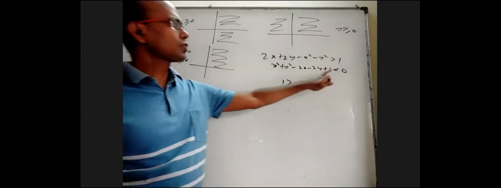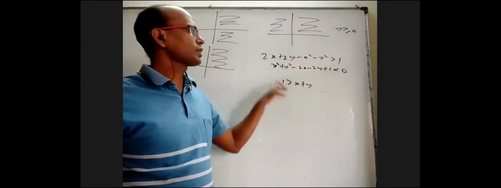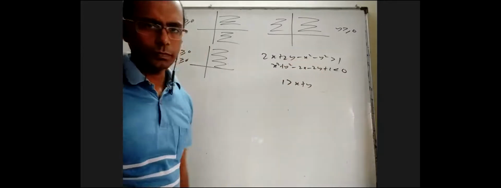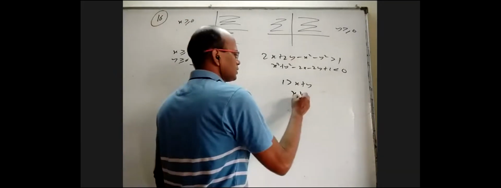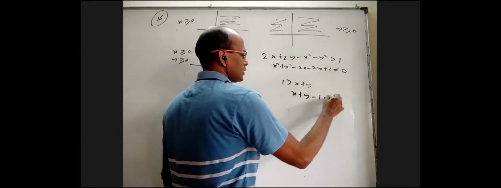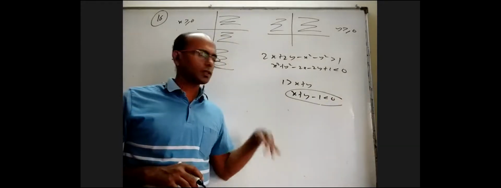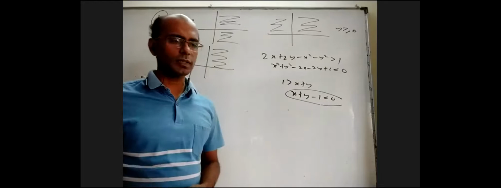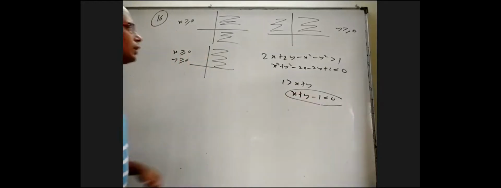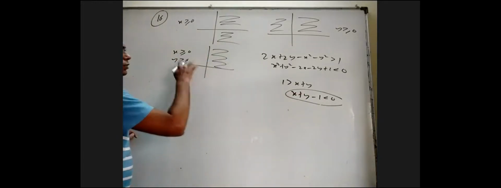If you take equal to 0, it is a circle. If you take less than 0, it is the inside region of the circle. And this is x plus y minus 1 less than 0. If you take equal to 0, it is a line. If it is less than 0, it is one side of the line, and greater than 0, the other side of the line, of the plane.